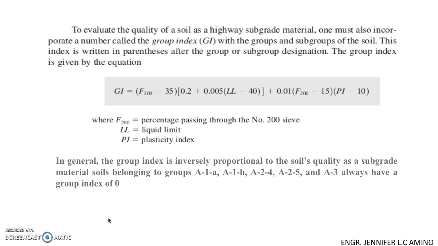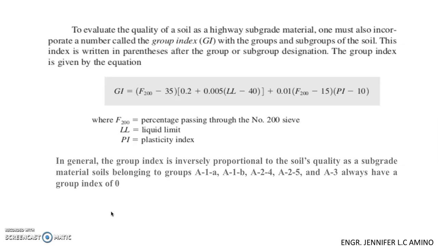Their reference material is the AASHTO, the American Association of State Highway and Transportation Officials. So the significant use of the values we have processed from the Atterberg limits, on the blue book of the DPWH, is that they make use of the plasticity index and the liquidity index, or plastic limit or liquid limit. So there are references on how to classify your soil sample that can be used as subgrade material, base course material, or sub-base course material.